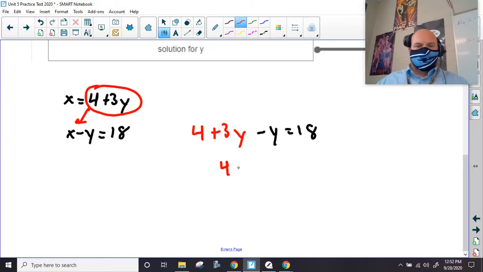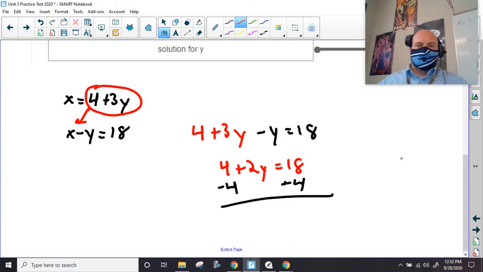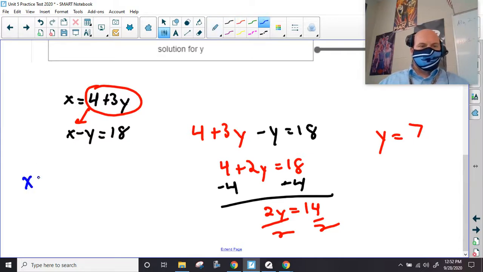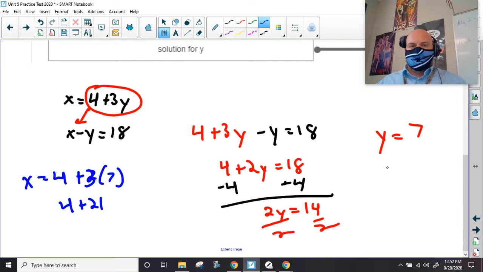Okay, so I have 4 plus 2y is 18. That's 4 minus 4. 2y equals 14. So y equals 7, and to find x, plus 21. So x equals 25.